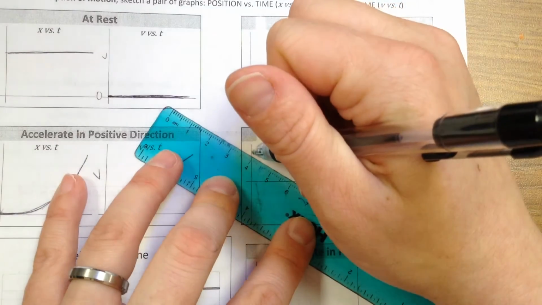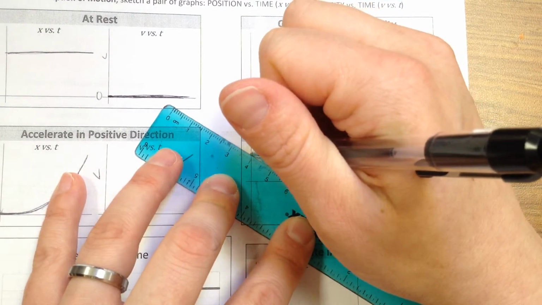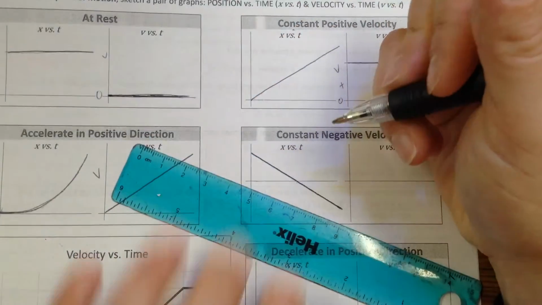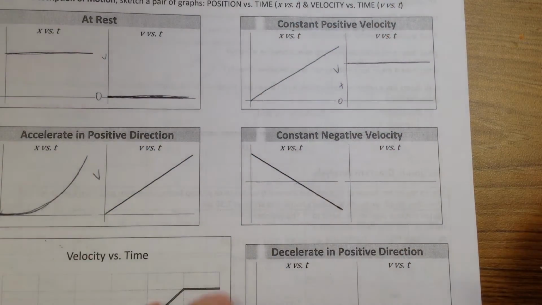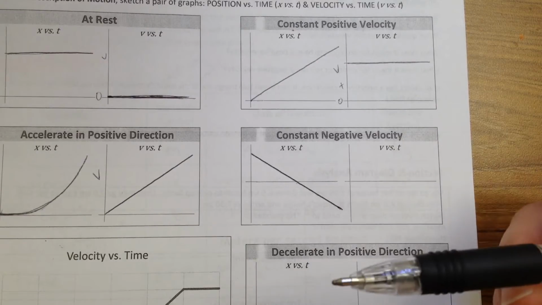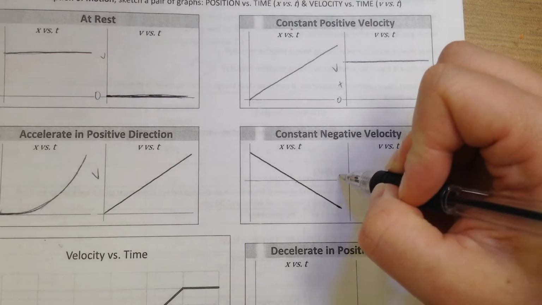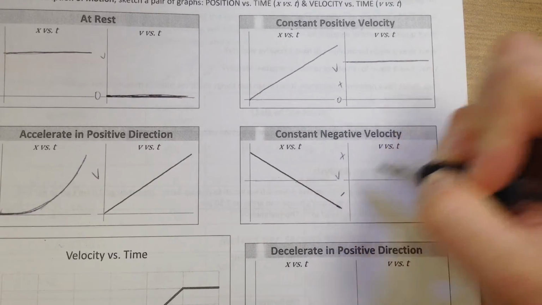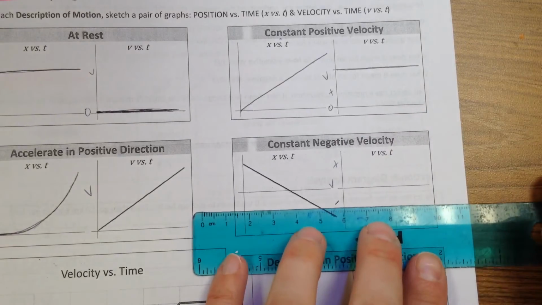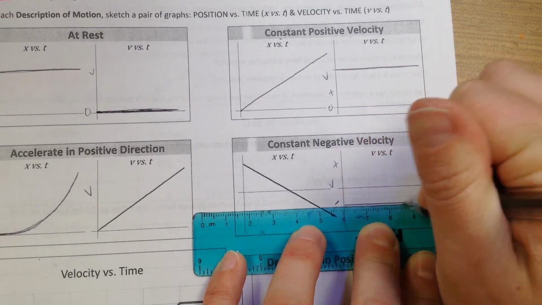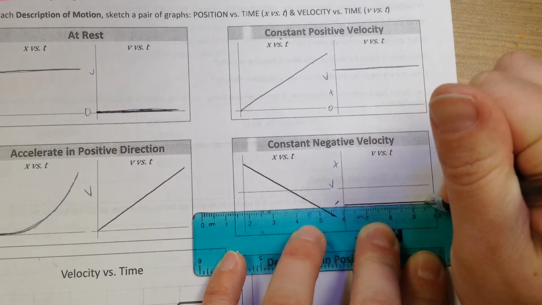So long as it has a negative slope, it's negative direction, and linear means it's constant, so a constant negative velocity. In a velocity versus time graph, constant velocity is horizontal. But to make it negative, remember velocity is on our y-axis, positive velocity, negative velocity, so it has to be somewhere in quadrant 4 of the graph, but it needs to be horizontal for a constant velocity.